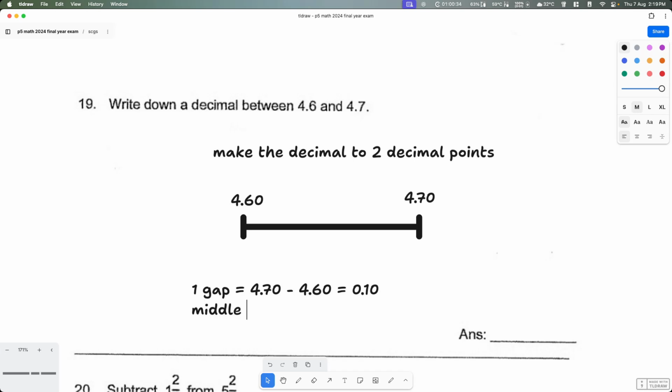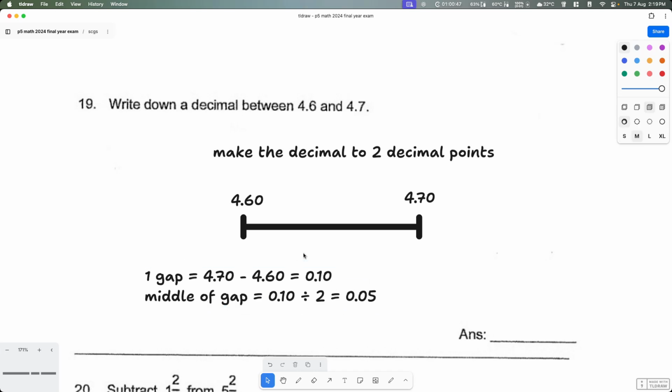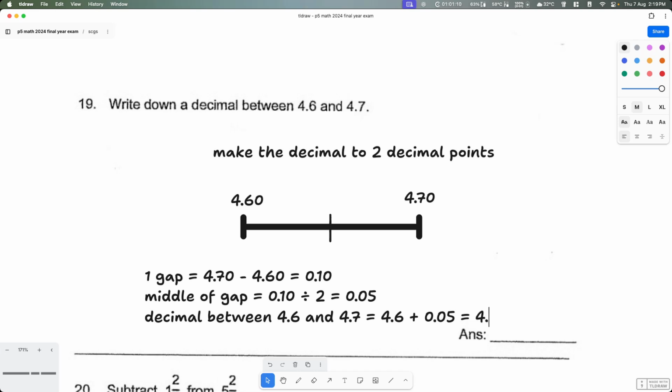So the middle of the gap is 0.10 divided by 2, which is 0.05. So if I put this line in between, the decimal between 4.6 and 4.7 is equal to 4.6 plus 0.05, which is equal to 4.65.